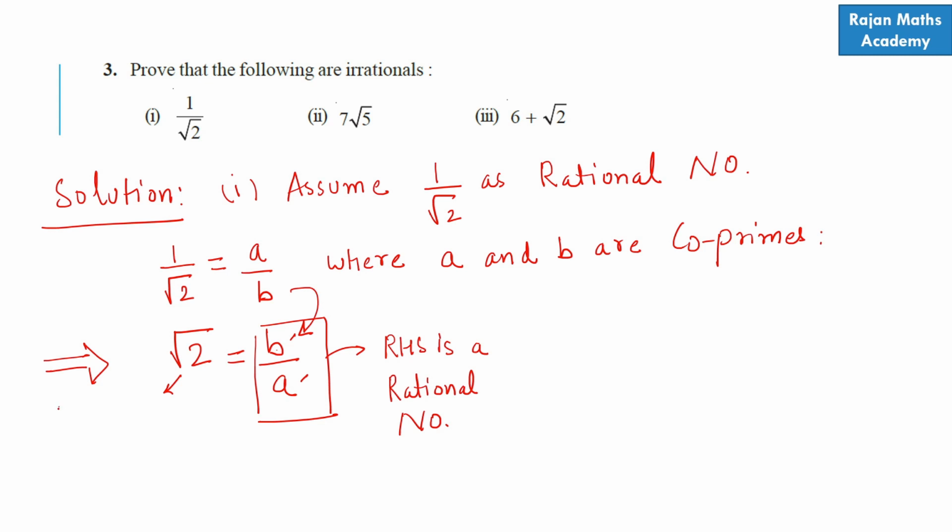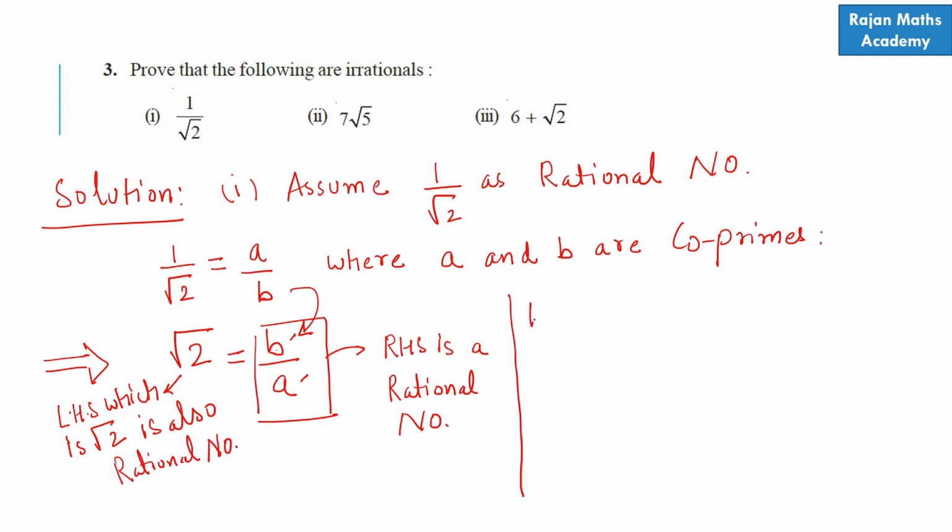So LHS, which is root 2, is also a rational number, but we know root 2 is an irrational number.